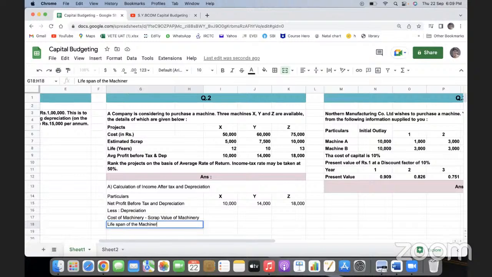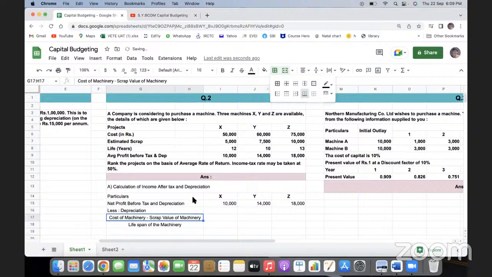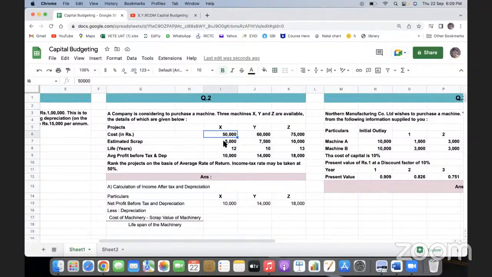Now find it out for machinery X. What is given to you? Cost of machinery for machinery X is how much? 50,000 minus the scrap value. Scrap value is given as 5,000. So 50,000 minus 5,000, which is 45,000, divided by the lifespan of the machinery, which is 12 years. So 45,000 divided by 12, you will get the amount of depreciation for machinery X.